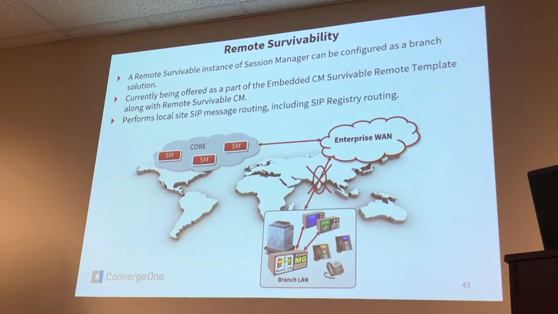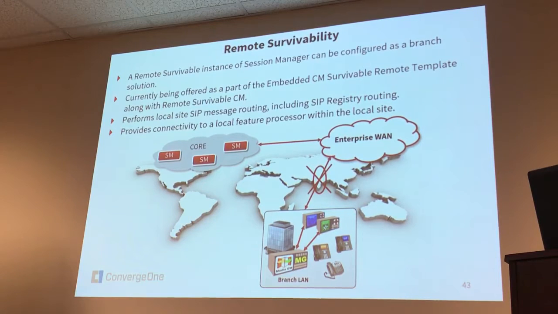Okay, branch session manager. That allows you to have remote survivability. In release 6.3, we had templates, and the template that had the LSP or the ESS was the same template that had the branch session manager. So pretty much what I'm saying is that if you have an LSP or ESS in 6.3, in that template you also have your branch session manager.